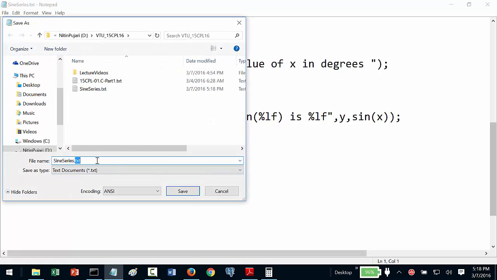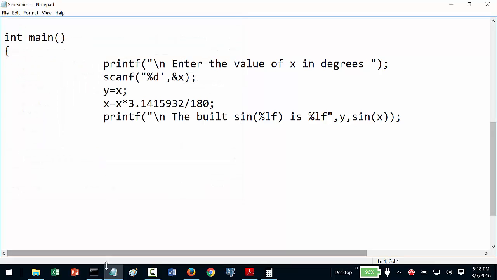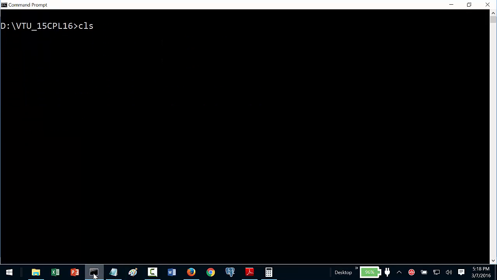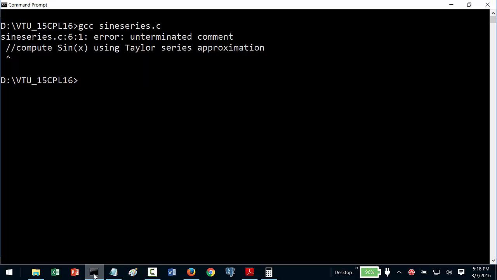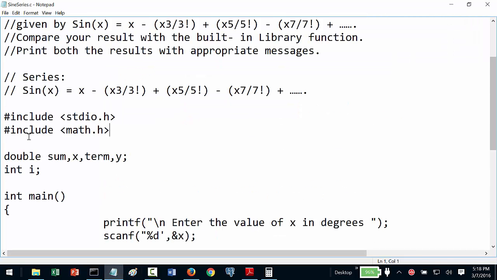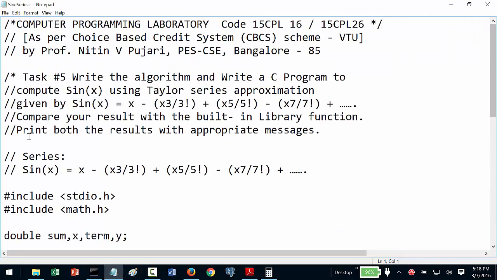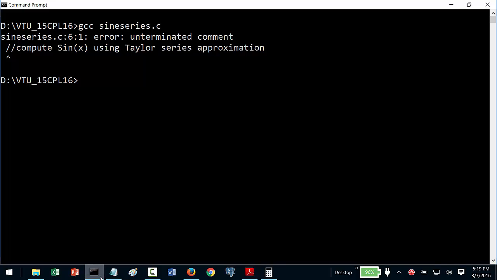So I'll just say .c. Saved it. So hopefully we should not. Okay, so error sign of using Taylor approximation. So maybe there may be some issue. So we have started with this comment and we should have ended it here. Hopefully that may be the error.